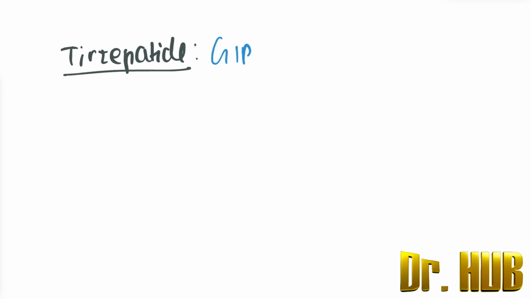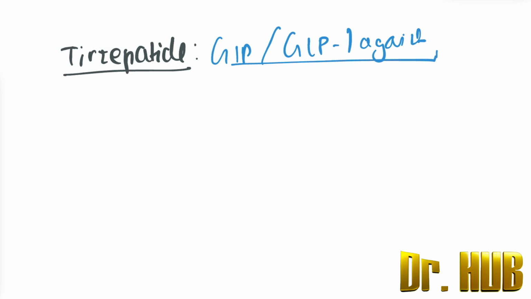Next, what we need to know about is tirzepatide. Tirzepatide is a GIP and also a GLP-1 agonist. It is used for weight loss treatment.